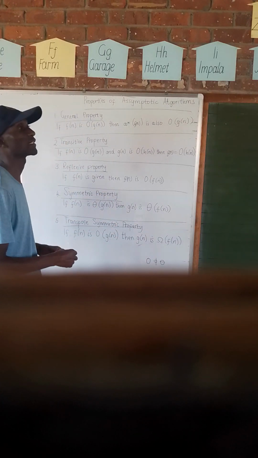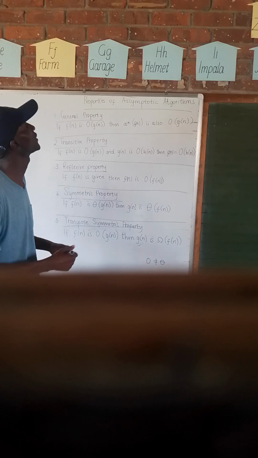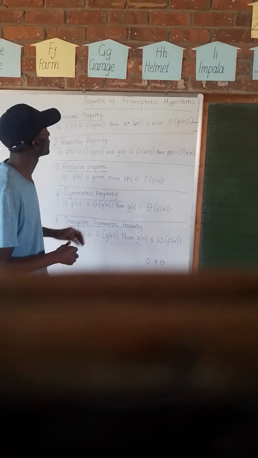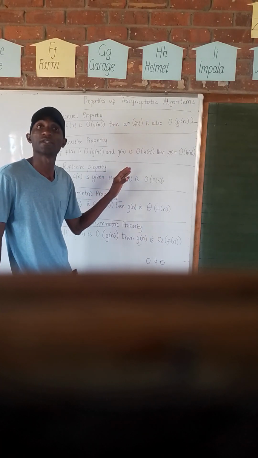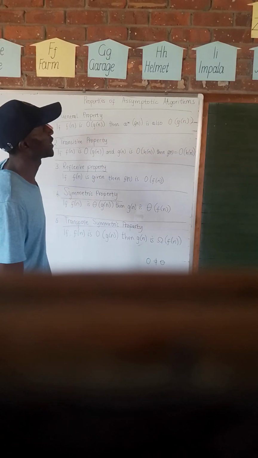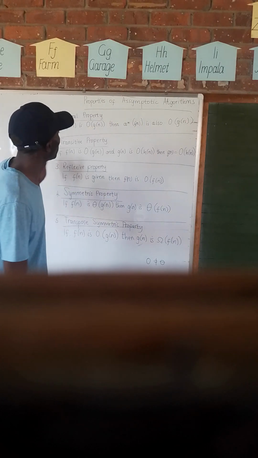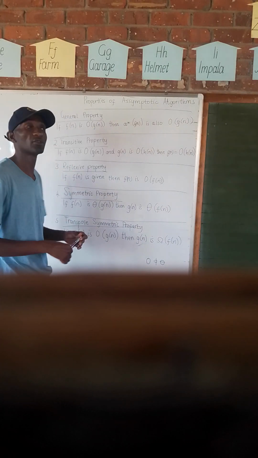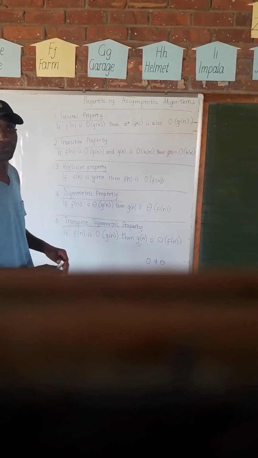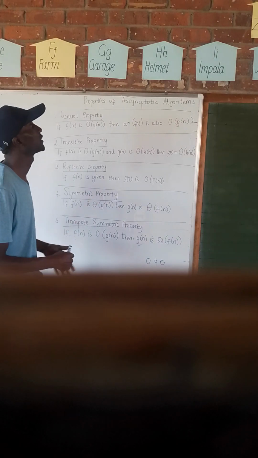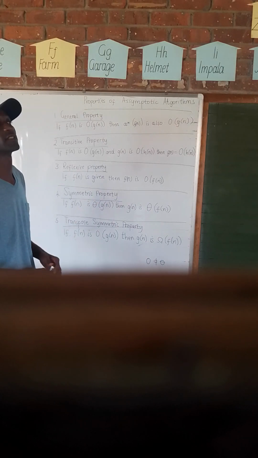determine that runtime for a particular algorithm. That is why we have the notations that we use under asymptotic algorithms. And the three basic notations that we commonly know are the big O, the omega, and the theta notations.